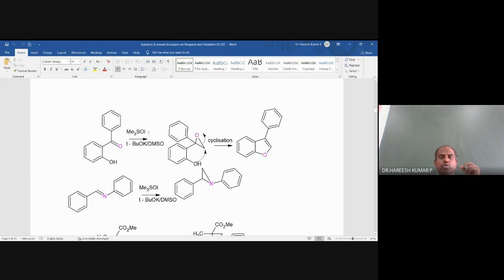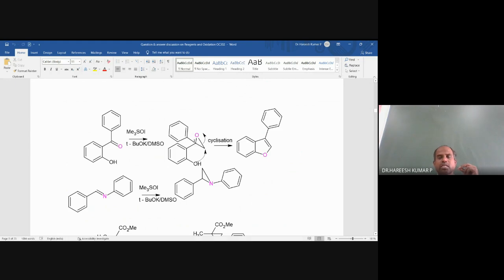Trimethyl sulfoxonium iodide is a Corey halide. Trimethyl sulfoxonium iodide in presence of potassium tertiary butoxide will form a halide, Corey halide. That Corey halide acts as a source of CH2. That CH2 will form a bond between the oxygen and carbon, forming an epoxide or oxirane.